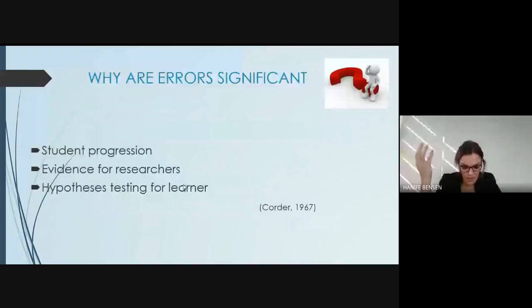Errors are firstly significant for the teachers, because they indicate and detect what the learner has flaws in. For example, if the student makes a mistake such as, I goed to school yesterday, and adds ed to the verb go to indicate that it's the past tense, we can say that here the student has actually learned that the past tense form is ed.